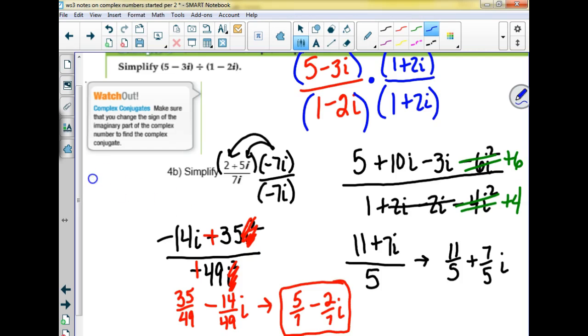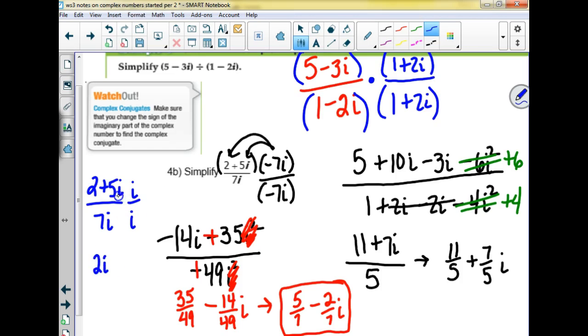The trick is, you really only wanted to get rid of the i in the denominator, right? So you could have actually, back here at the original question, because the bottom was pure imaginary, it didn't have a real part to it, you could have just multiplied the top and bottom by i.